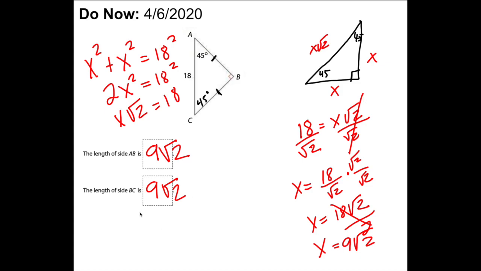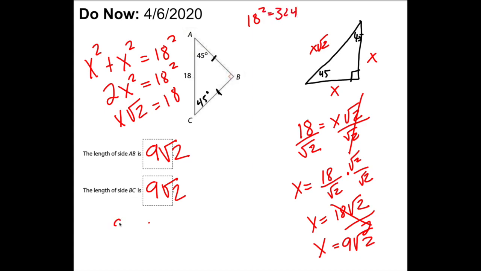Again, just to show you, if we check our answers, okay? What I know is that 18 squared, I'm just doing this real quick on my calculator, is equal to 324.